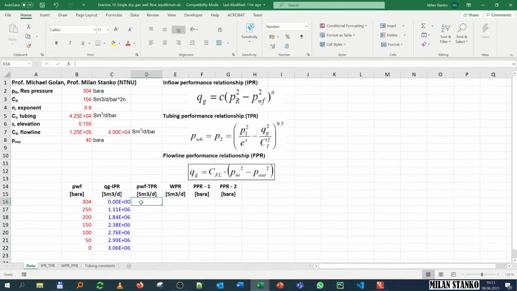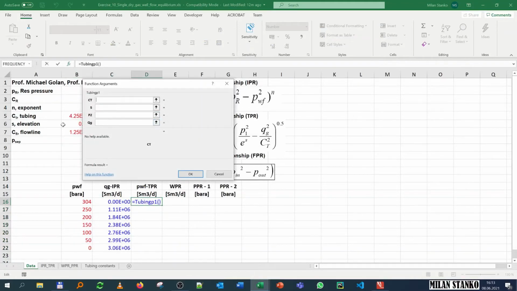Okay, so let's use that equation, tubing P1. Tubing P1 is using the CT, which is here, the S, this one, and then the P2 is going to be the separator pressure, and the QG is going to be that Q.